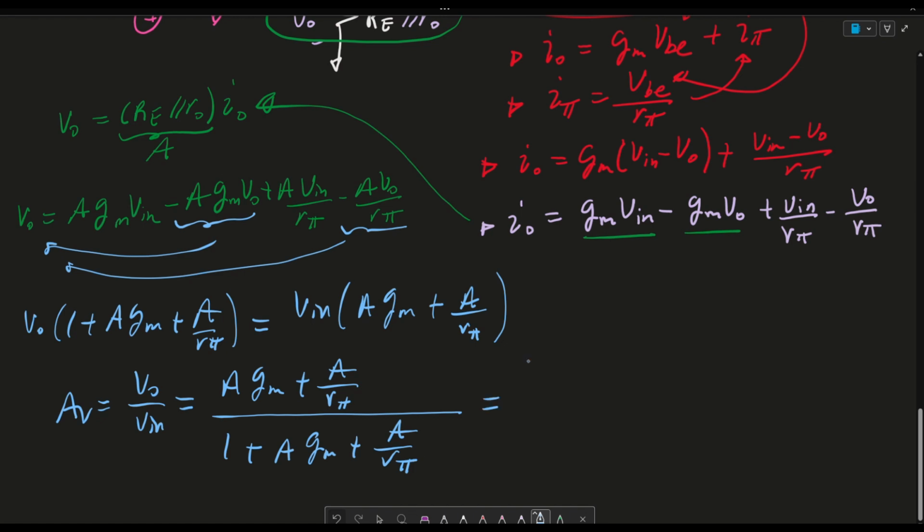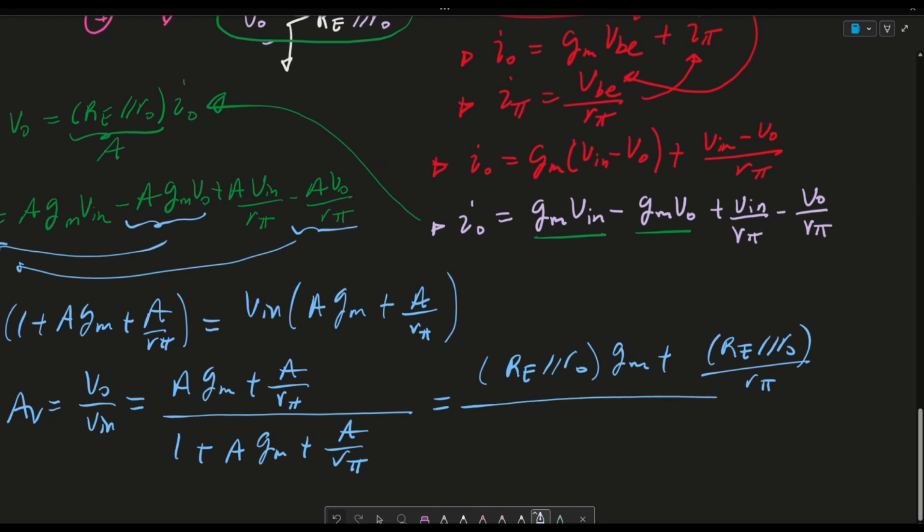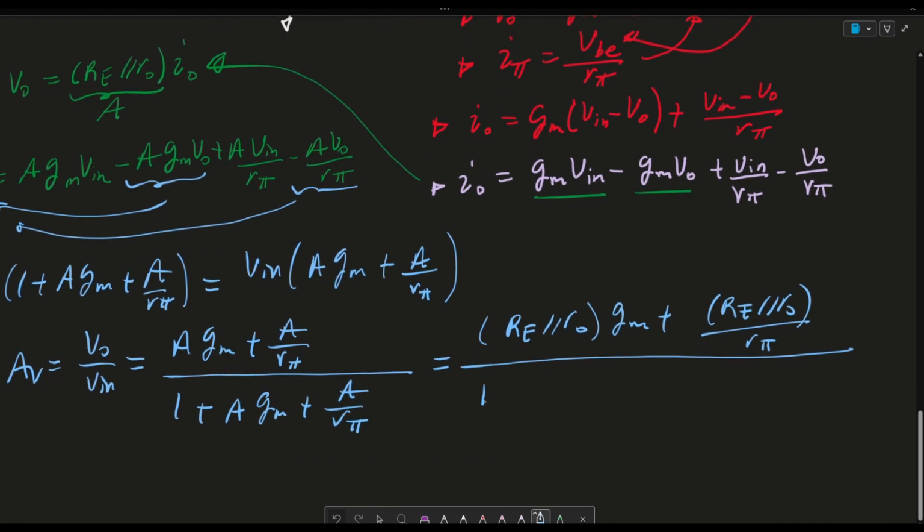Now remember, this A is simply RE in parallel with RO. So it is RE in parallel with RO times GM plus RE in parallel with RO over R pi, all divided by 1 plus RE in parallel with RO times GM plus RE in parallel with RO over R pi.